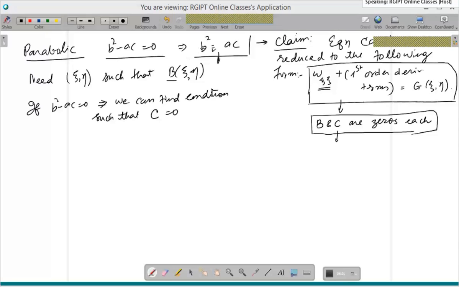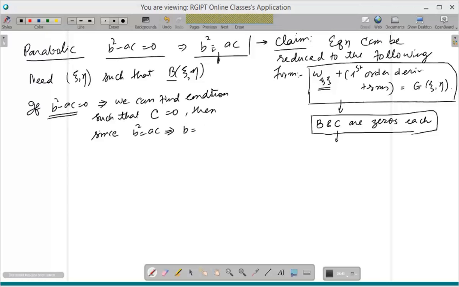Now since I know that b square is a into c, and I know that the sign of b square minus ac does not change upon coordinate transformation, if it is 0 to begin with, it will remain 0 in the changed coordinate system. So that would mean that capital B is also equal to 0.